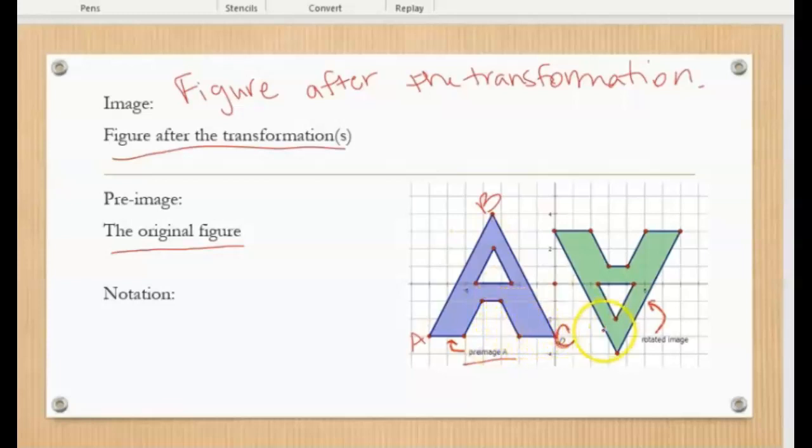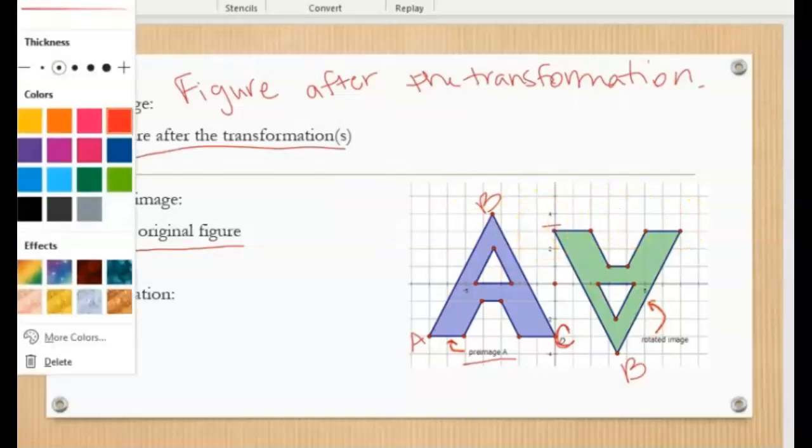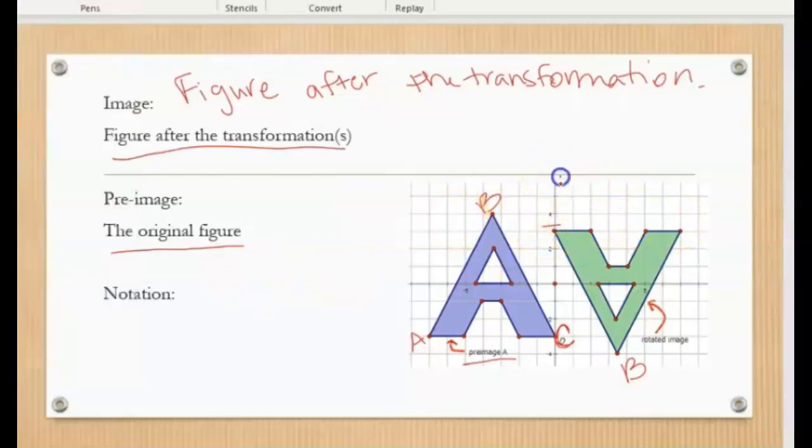So this would be B, this would be A, and this would be C. Whoops, I got that flipped. Hold on. Because they're rotating it. So this would be C and this would be A. That doesn't much matter for what I'm trying to show you on this example, but there we go.